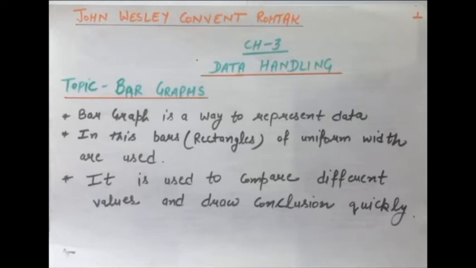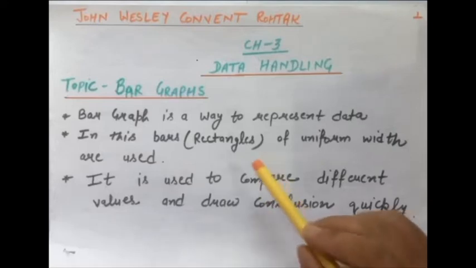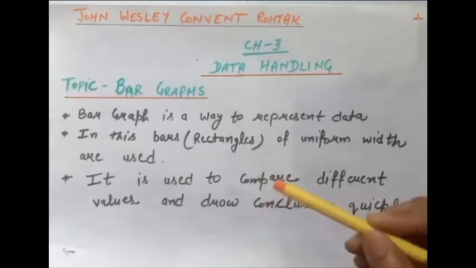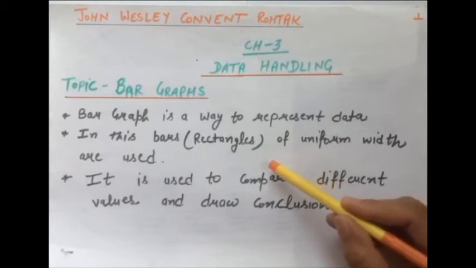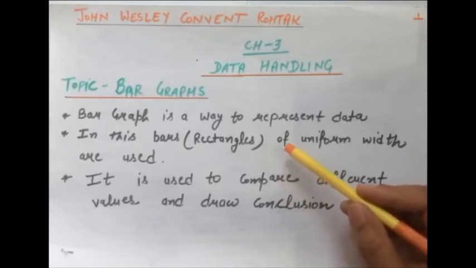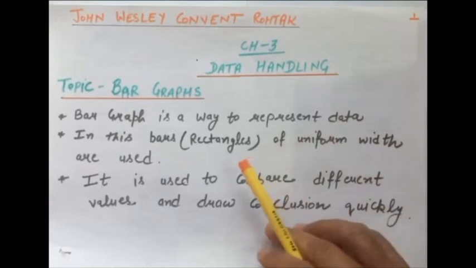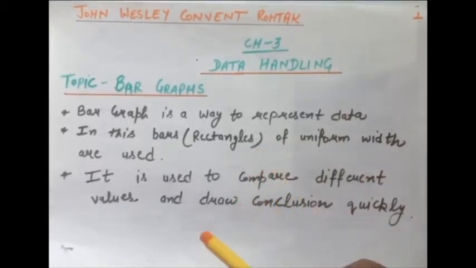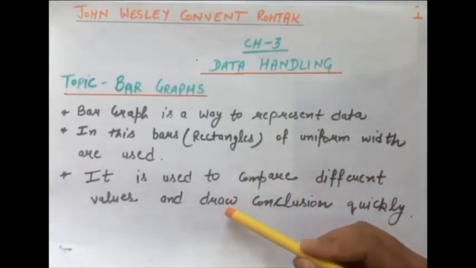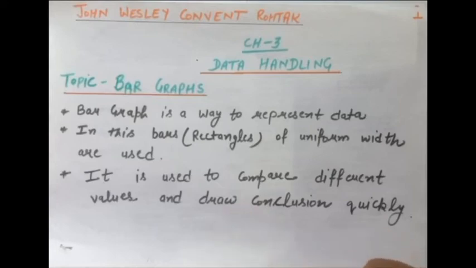Bar graph is a visual way to represent the data, and in bar graph, we represent the data by rectangles of uniform width. It is a most suitable way to compare the different values, so that just by looking at the data we can draw conclusions and compare the data very quickly.